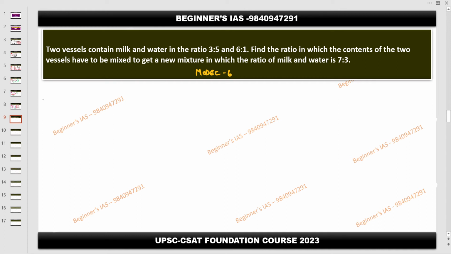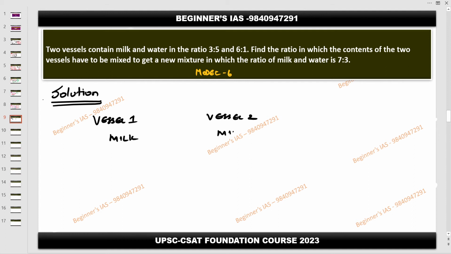Here you can go with the alligation method. In this kind of problem go with the alligation method. So this is vessel 1, then this is vessel 2. One side you need to take milk. Either you can go with the milk itself or with the water itself if you are using the alligation method.